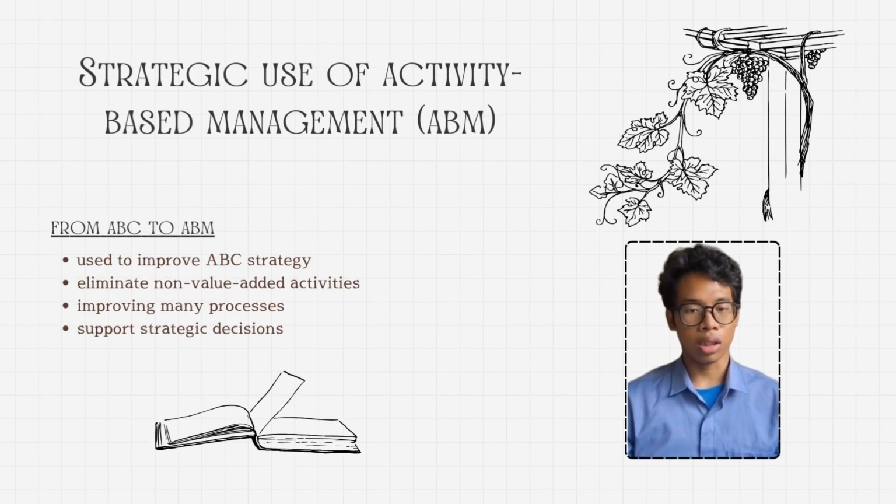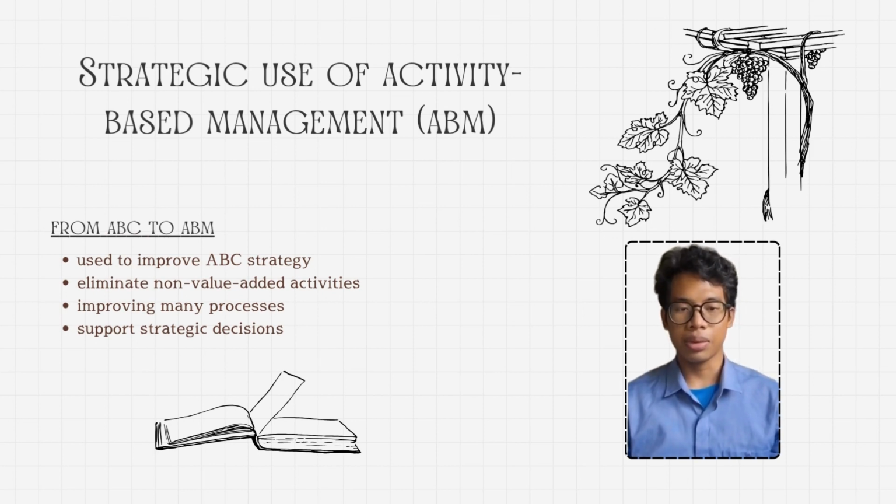However, not all was lost. As companies got better at using ABC data, it evolved into something called Activity-Based Management or ABM. This is where ABC wasn't just used to track costs, it was used to improve strategy. For example, ABM helped companies in 4 things.